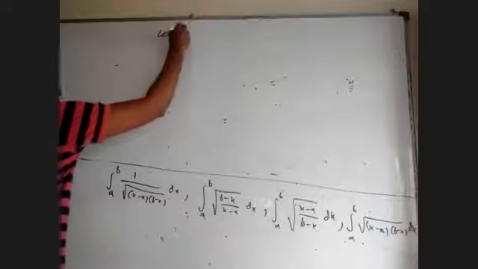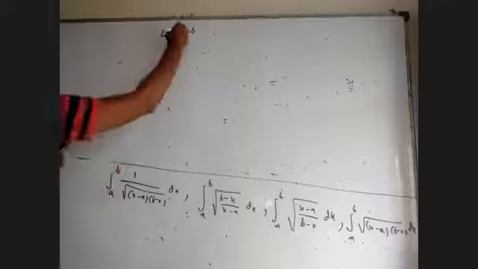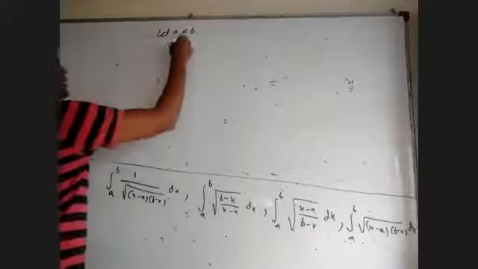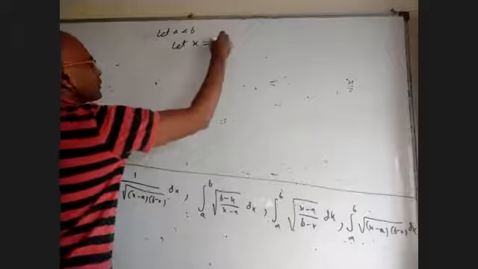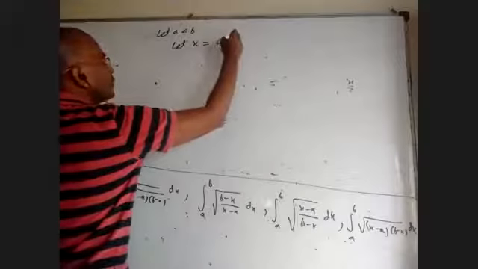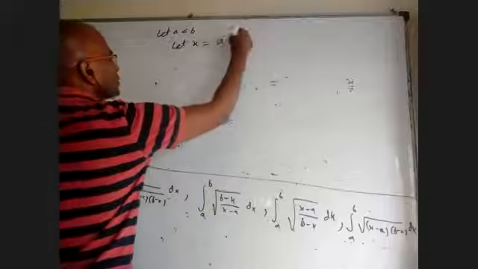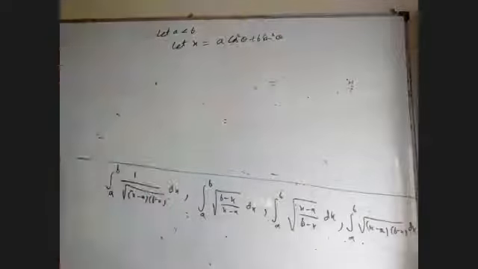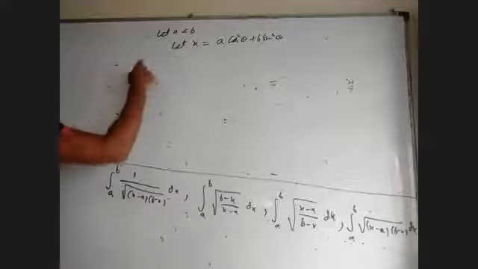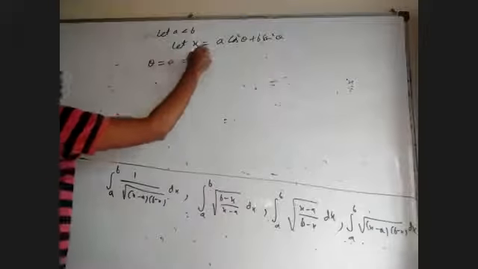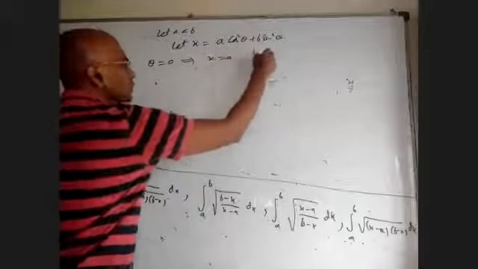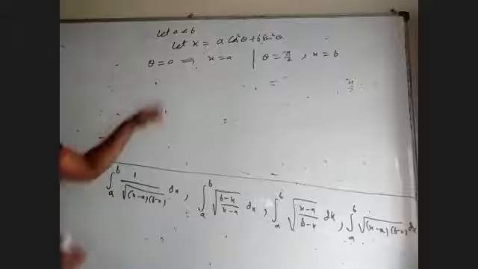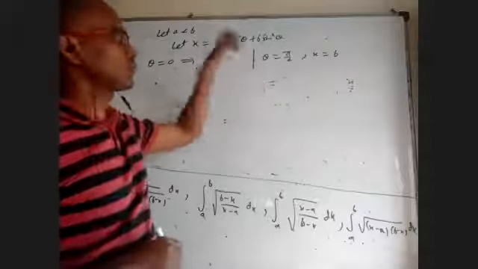Let x is equal to a cos square theta plus b sin square theta. What is so important about this? When theta is 0, you can see x becomes a. And when theta is pi by 2, you can see x becomes b. So as theta is increasing from 0 to pi by 2, x is increasing from a to b.